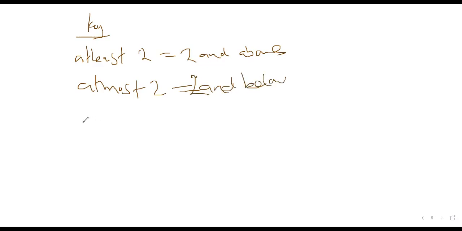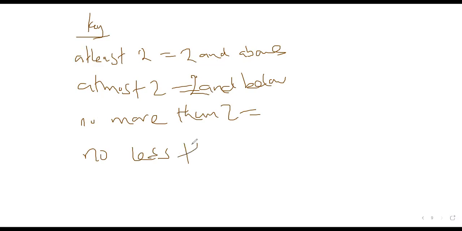When you hear the words "no more than 2," it's the same as at most 2. It means 2, 1, 0.